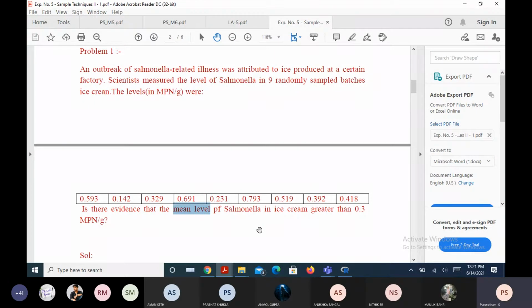How many samples do you have now? Not the observations. How many factors are responsible for the data? There is only one factor, the Salmonella related illness data, right?